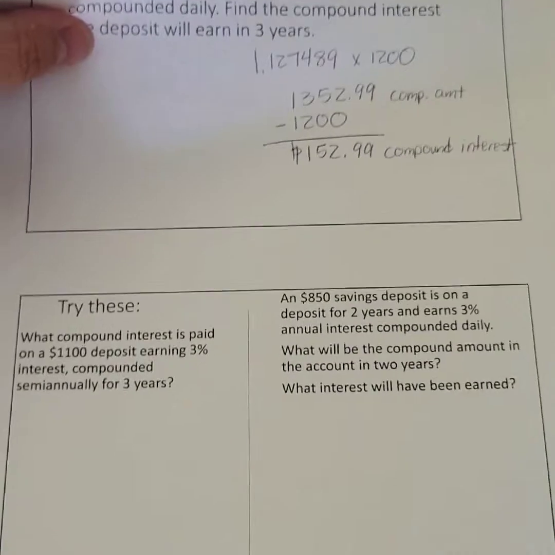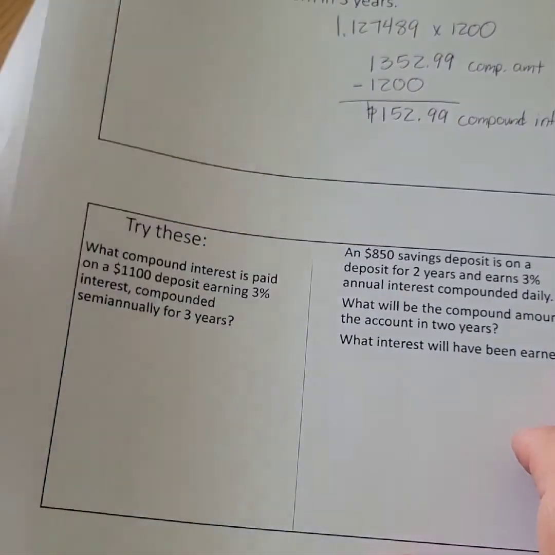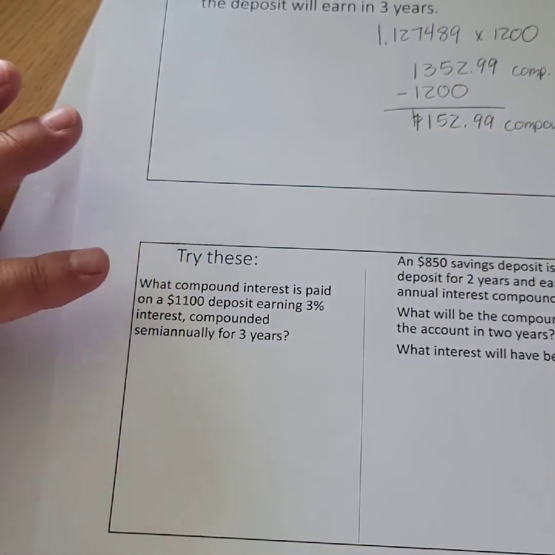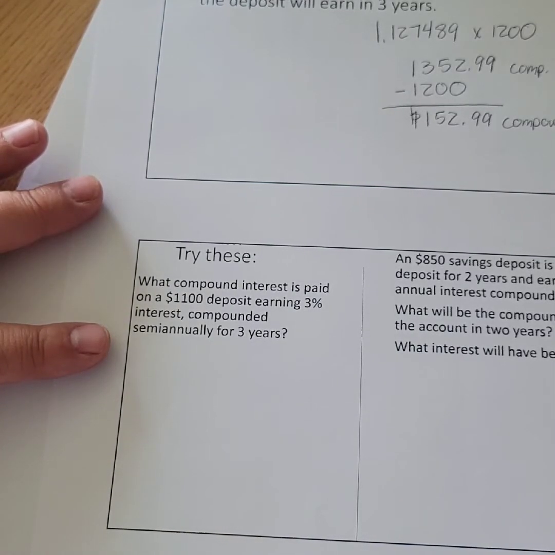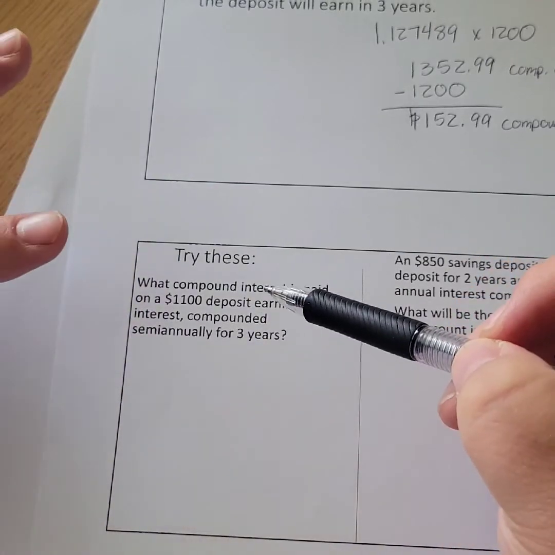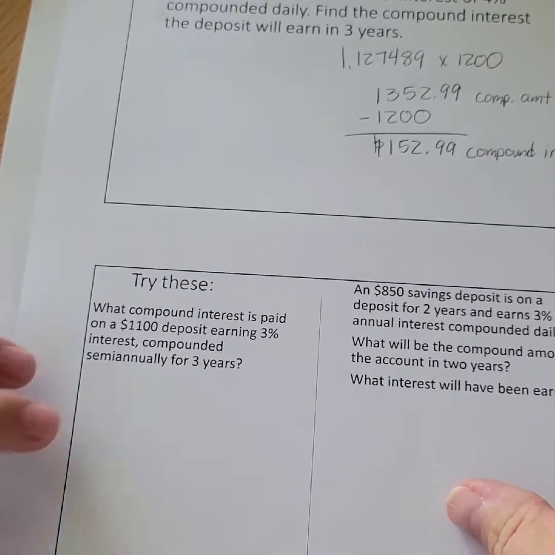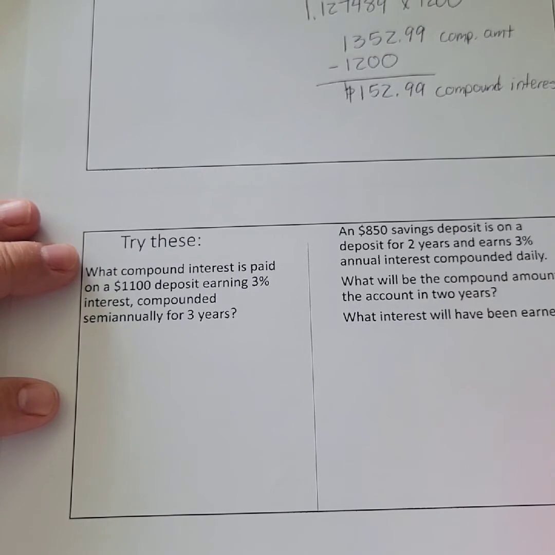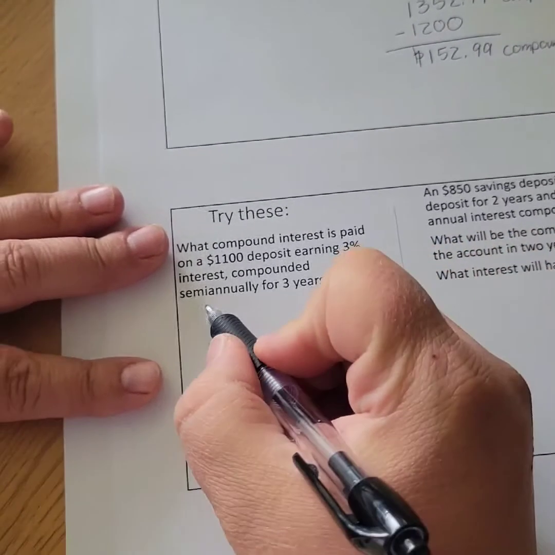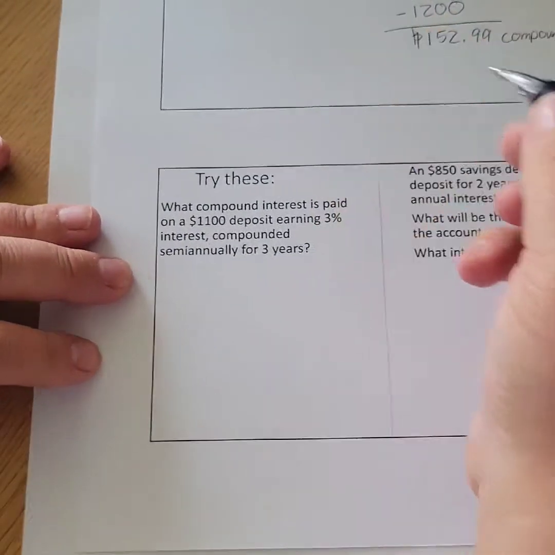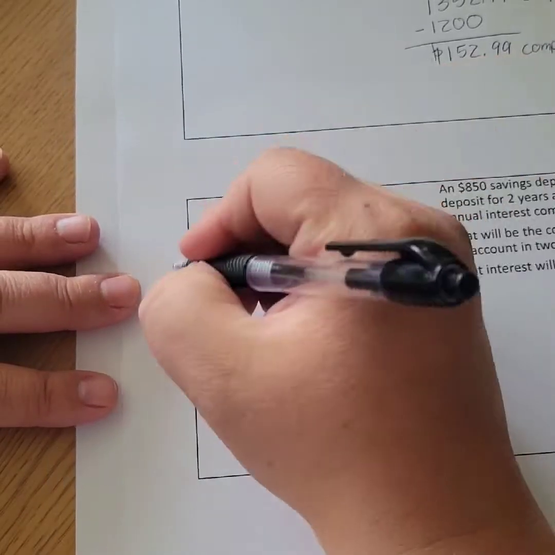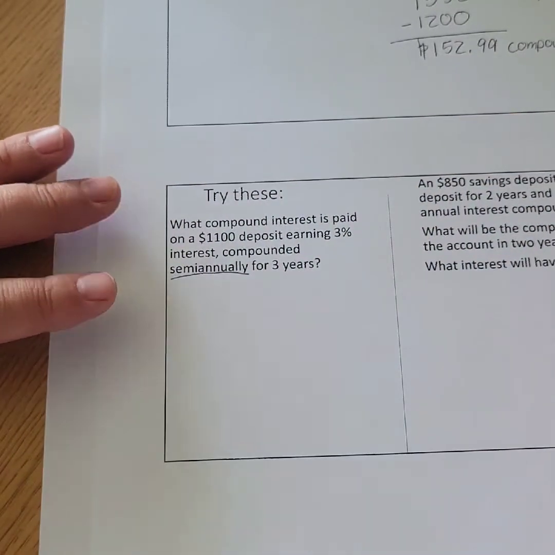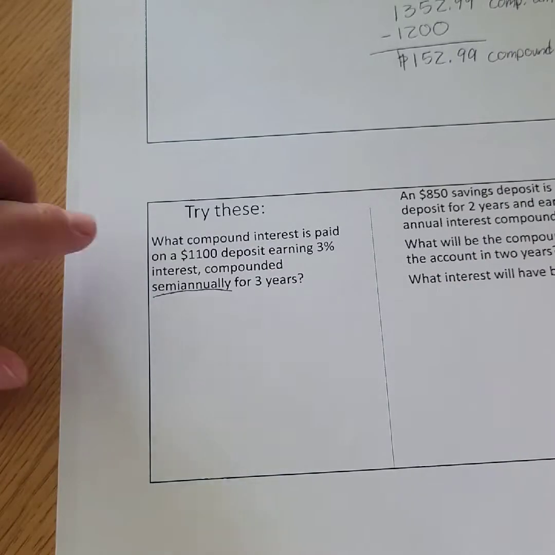Okay, so then this one is going to be the one where we have to do the 4 steps, and this one is daily. So this will use the daily chart, and this will not, because it says semi-annually, and semi-annually is twice a year. Okay, so the 4 steps, we have to find the periods.